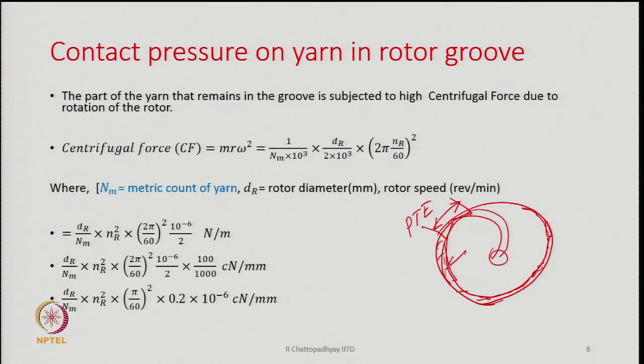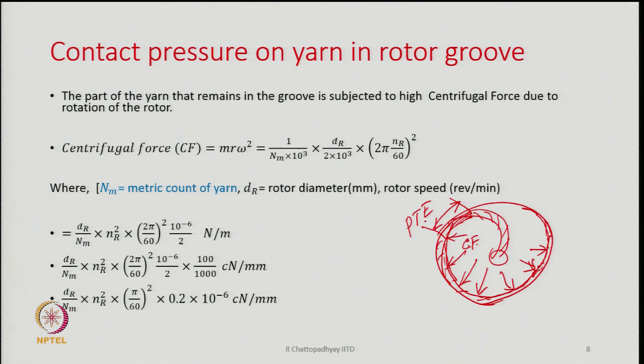This band of fibers is experiencing a lot of centrifugal force. It is resting in the groove and the rotor is turning at high speed. Therefore, a lot of centrifugal force is acting on this band, and the twist has to flow into this band.